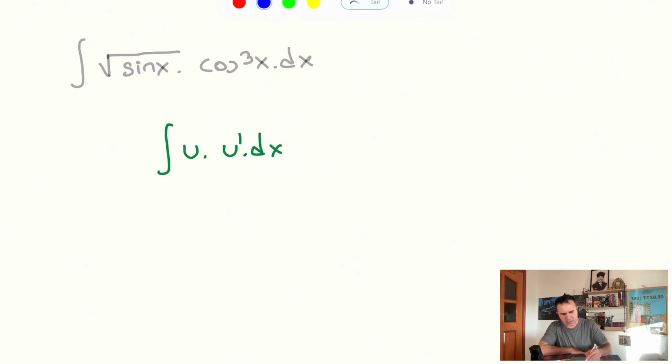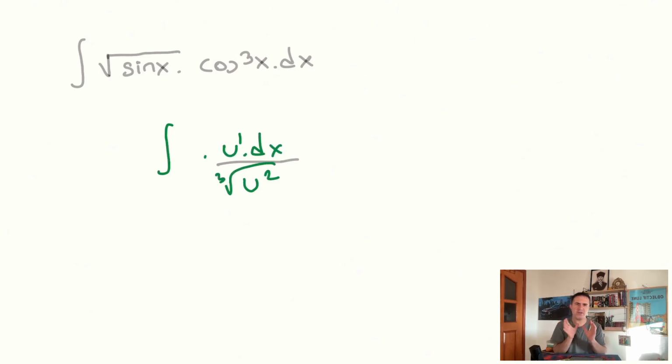The function may be u squared, u cubed, u prime dx divided by u, or the cube root of u squared. It's not important. What is important here is that if we have a function of u and its derivative multiplied by dx, we can use substitution.